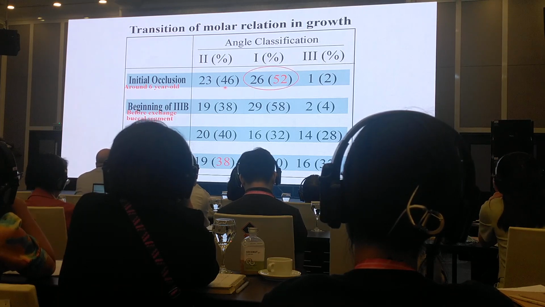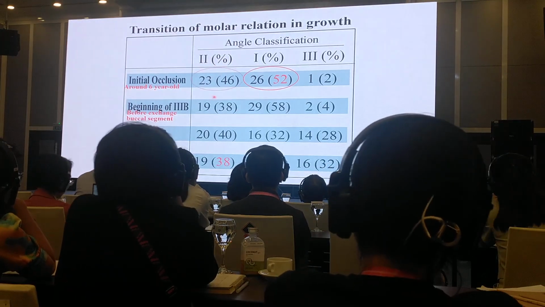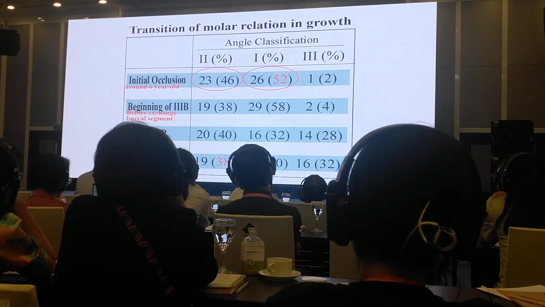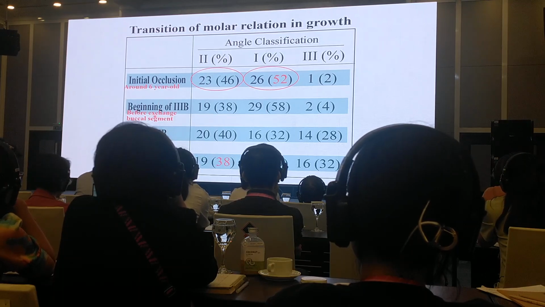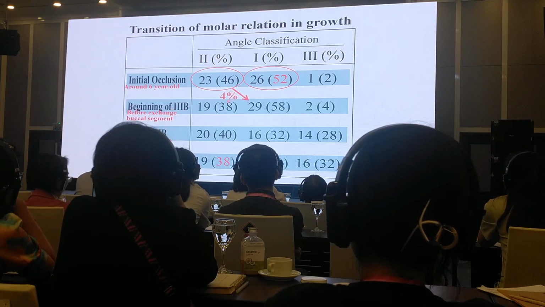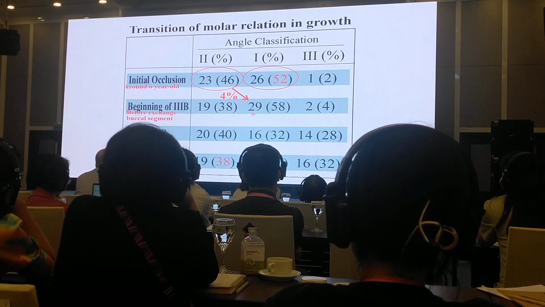Then I follow this group. After that, what happened? At an age of something like 8, 9, just before exchanging the buccal segment, from 6 years of age to now 8, 9 years old, a very small percentage, only 4%, established class 1.